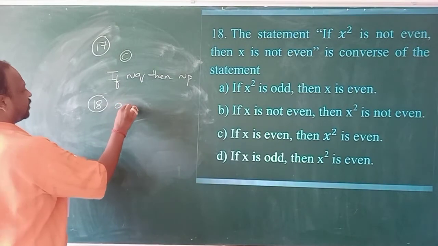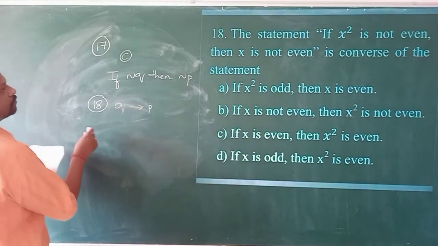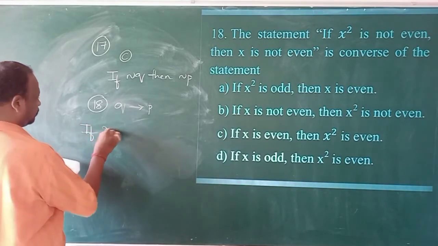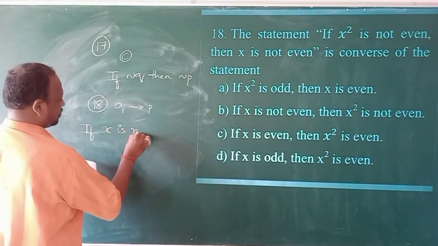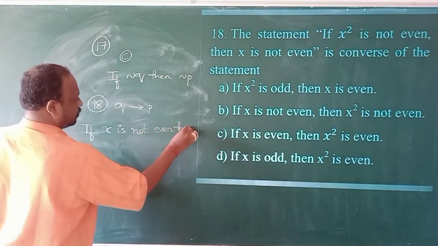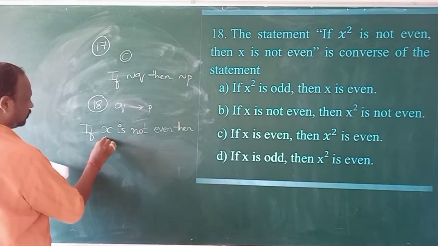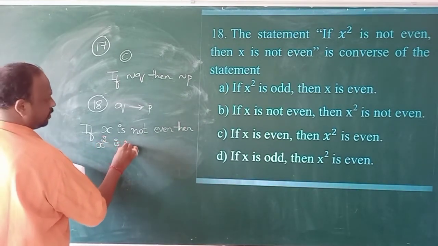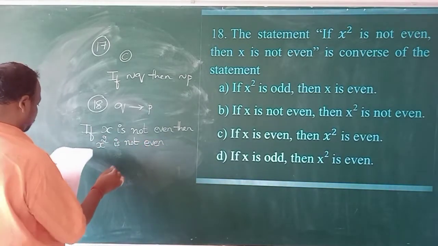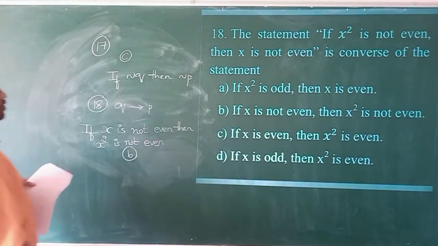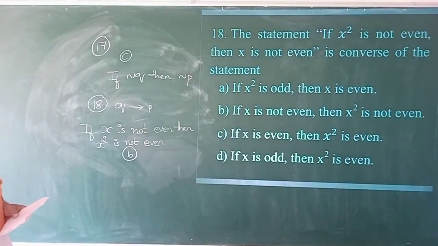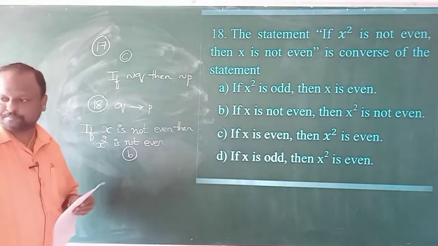Converse Q then P. That is, if x is not even, then x square is not even. Option B, just reversing the statement.